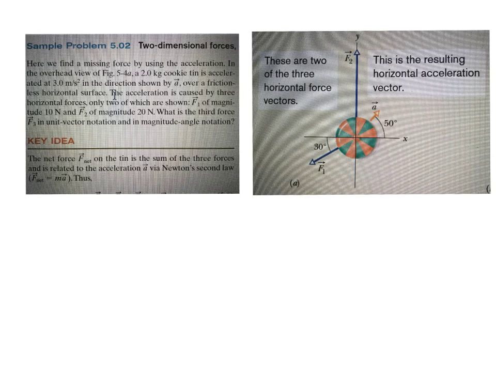So let's start listing all of our info first. Remember with projectile motion, I said listing the givens is really important. That'll come up here as well. I'm going to start with acceleration in general, not x or y. Acceleration in the problem is given, 3 meters per second squared. It's literally in the problem. The mass of the cookie tin is given, 2 kilos. The force applied, F1, is given, 10 newtons.